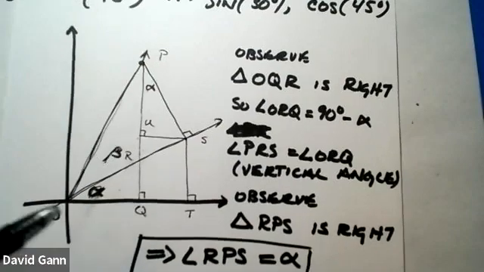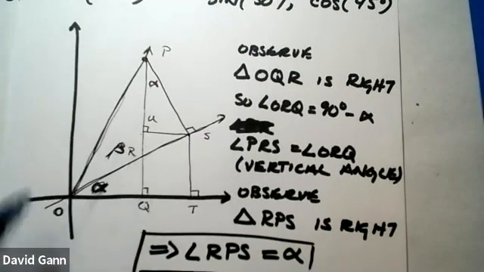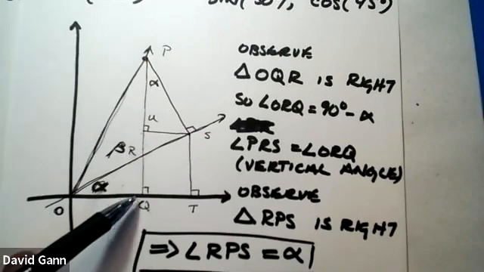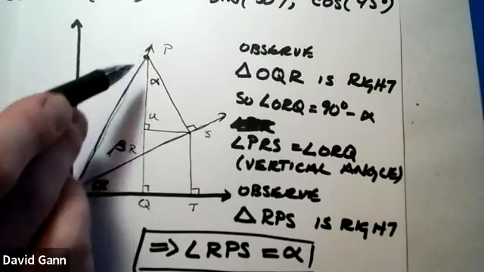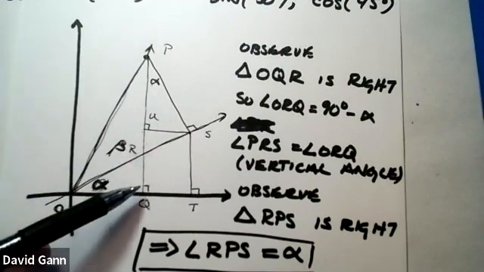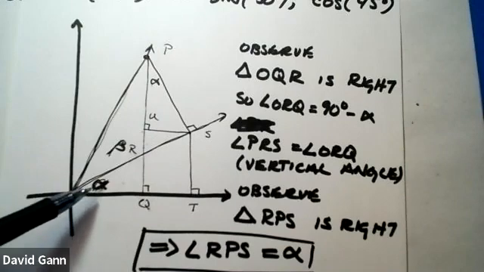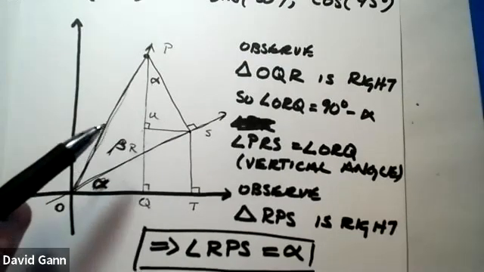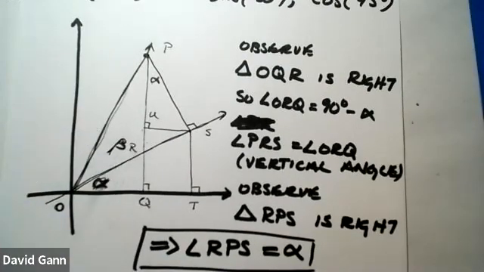So if you're looking at the cosine of alpha plus beta, that can be described by different line segments from triangle OPQ. Here's this right triangle, and this angle down here is alpha plus beta. So the cosine must be the adjacent over the hypotenuse.